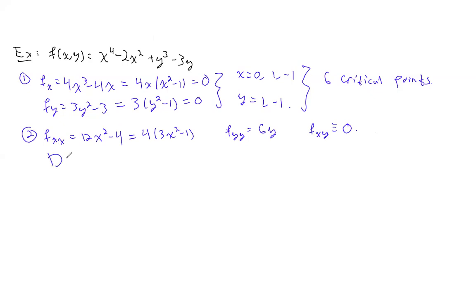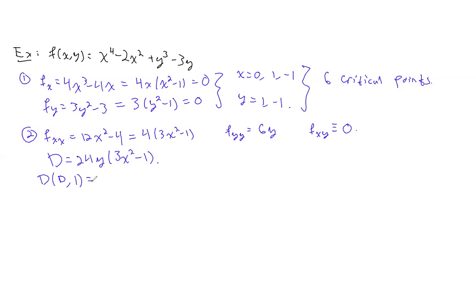So d, for all these reasons, is going to become 24y times 3x squared minus 1.